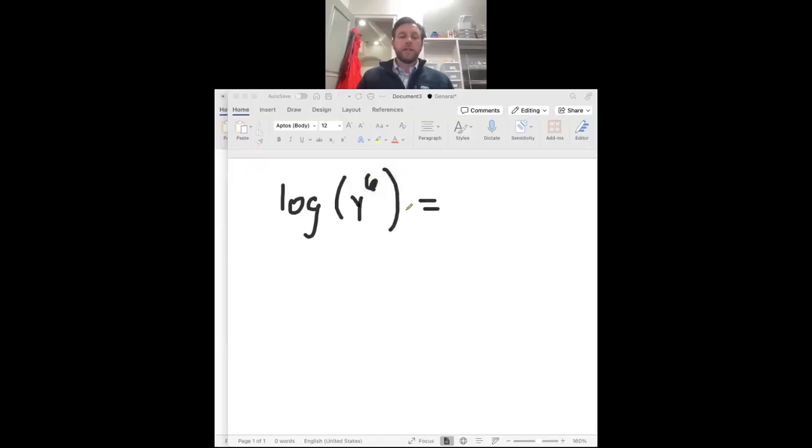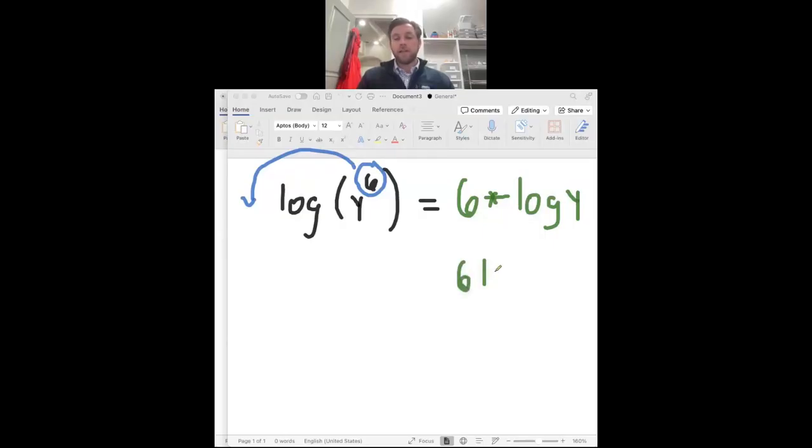What the power rule says is, when you have an exponent inside, because there's that exponent of 6, you take that exponent and position it in front. And so it becomes 6 times the log of y. Now we don't have to write that times. We just write it as 6 log y. The implication is that the 6 is multiplying the log of y.